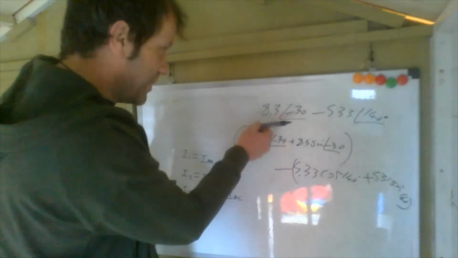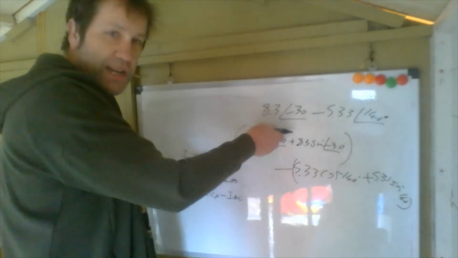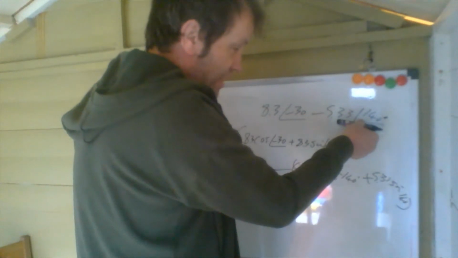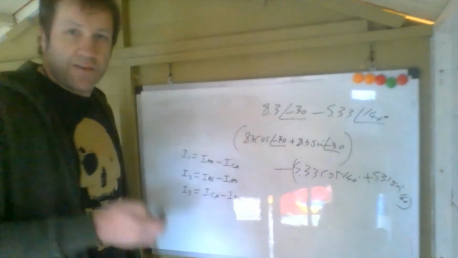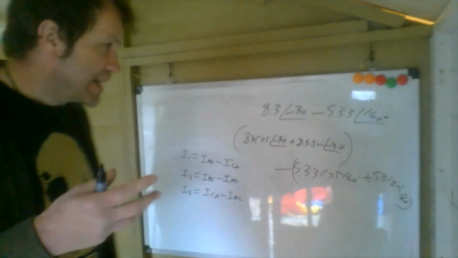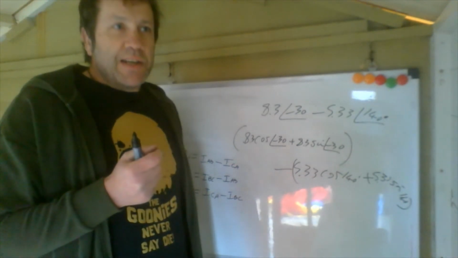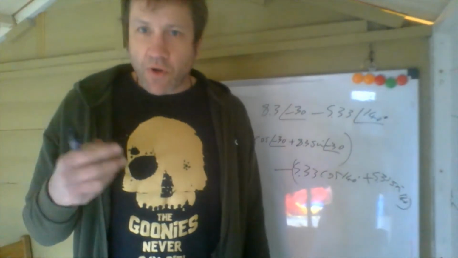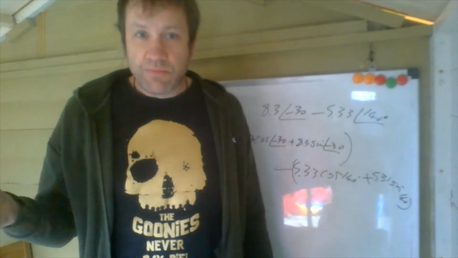So you split this polar into its rectangular components, and put this into its rectangular components and subtract that from them. And that's why, because vector addition is more complex than just normal summing.